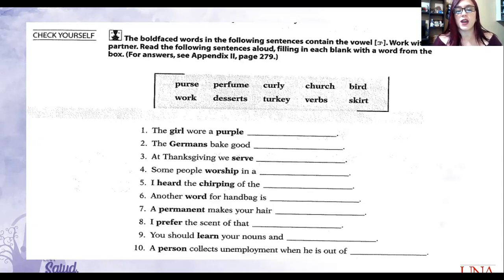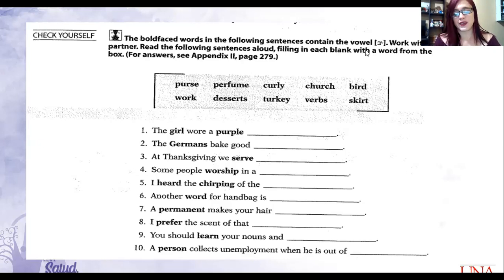Okay, the words that you have to use to complete the sentences are purse, perfume, curl, curly, church, bird, work, desserts, turkey, verbs, and skirt.